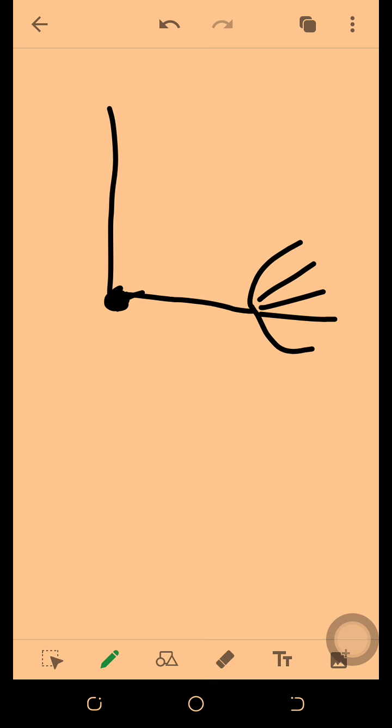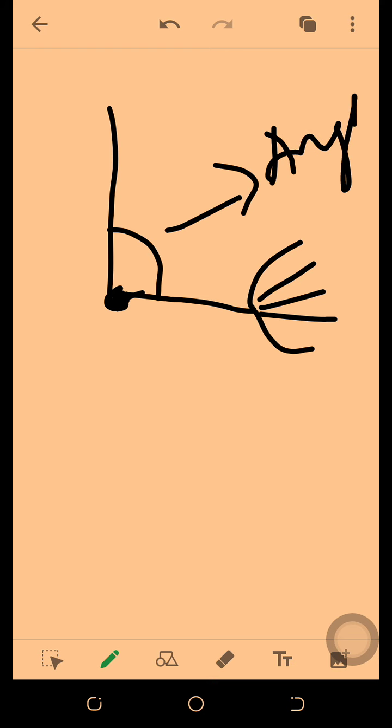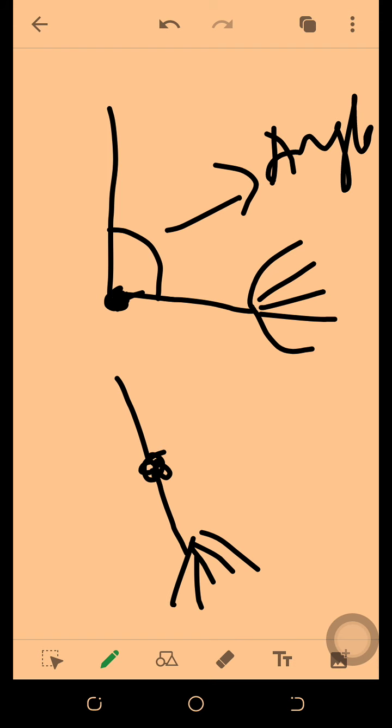Anytime you turn your arms, the measurement between these two arms is what we call an angle.